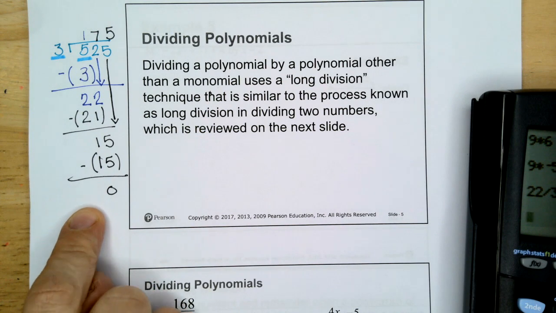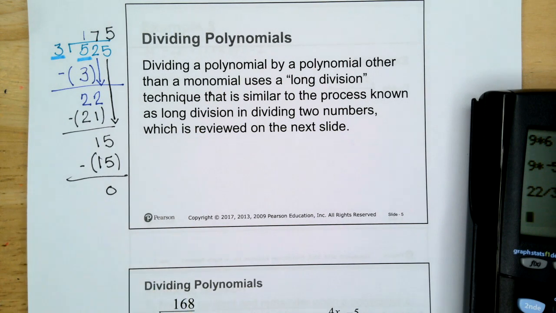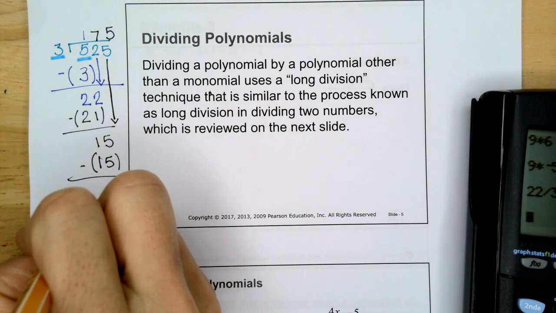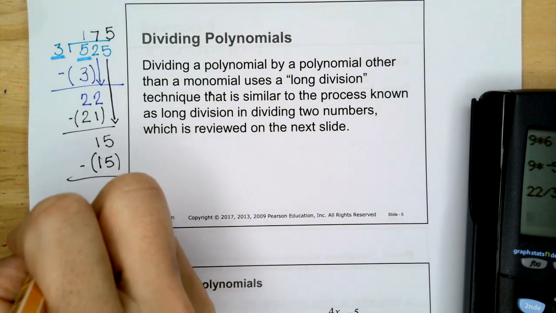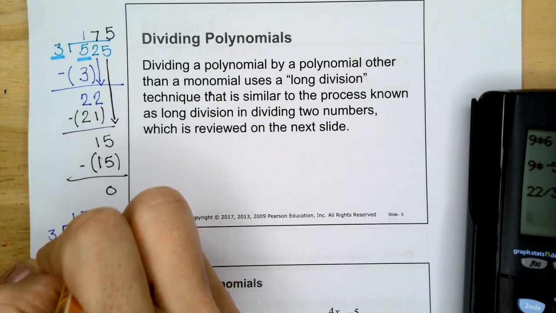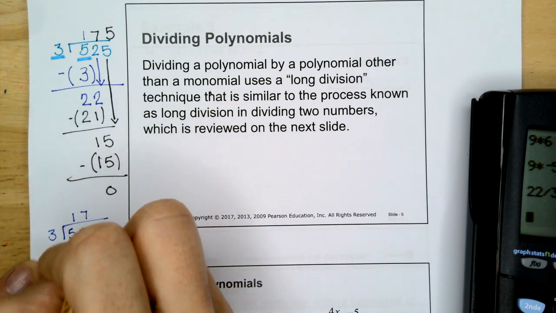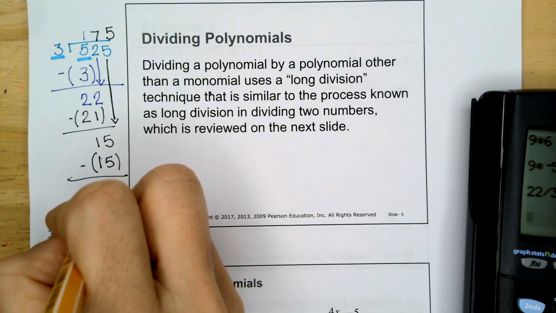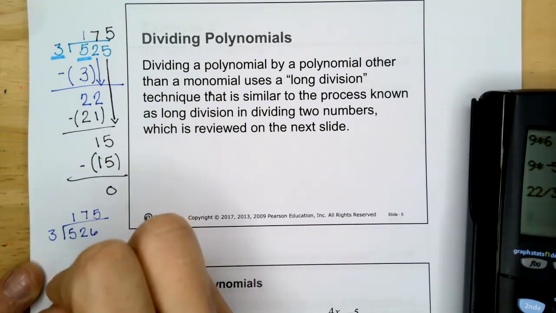If you did have a remainder, I should have invented an example with a remainder. If you had 526, right? Then it would be 1, 7, you would get to 16, right? And then you would say, okay, that's still 5. 3 times 5 is 15.